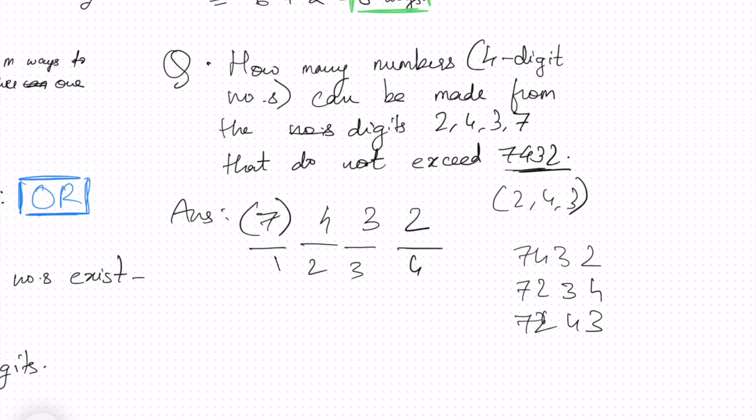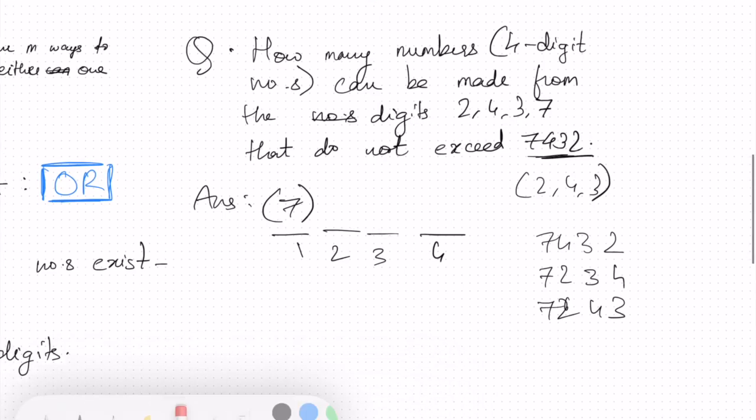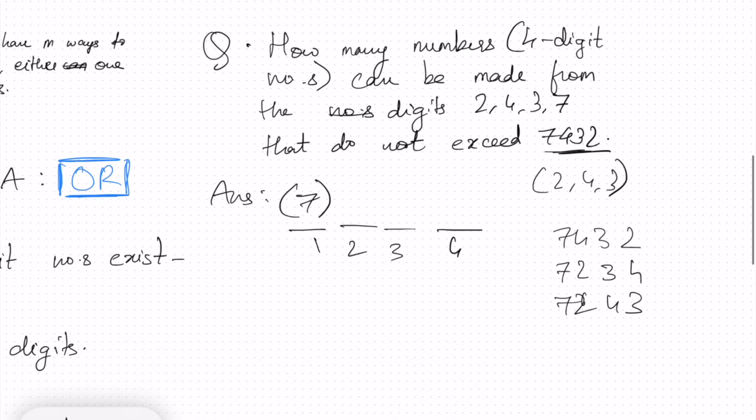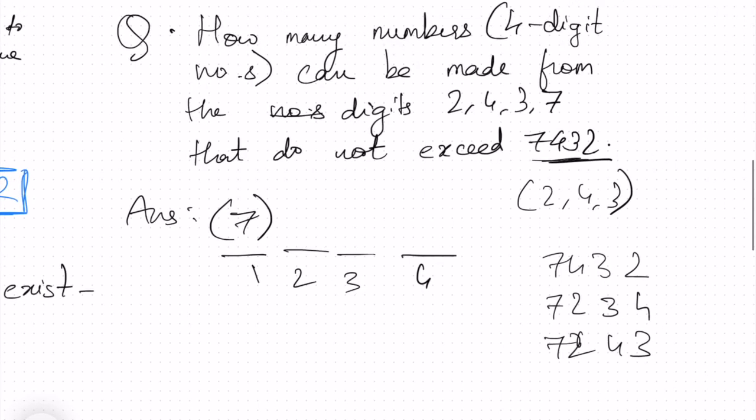So there is no restriction on how to place 2, 4 and 3 if we already have placed 7 in the thousands digit. So the second place can be filled in 3 ways, because we have 3 digits since we've used up 1 digit. Since we used up 2 digits, the third place can be filled in 2 ways, the fourth in 1.